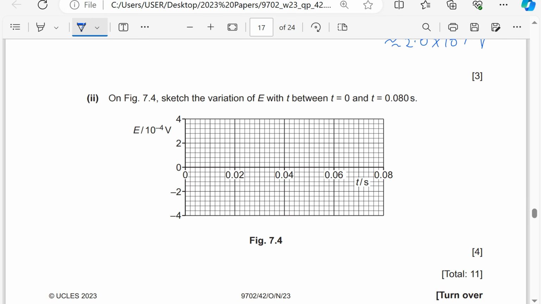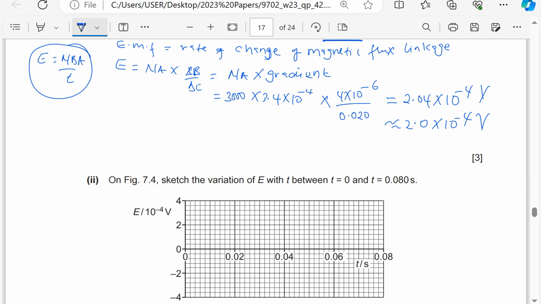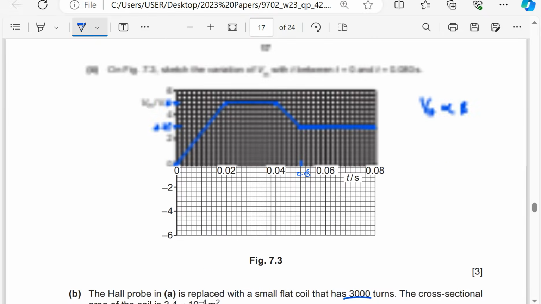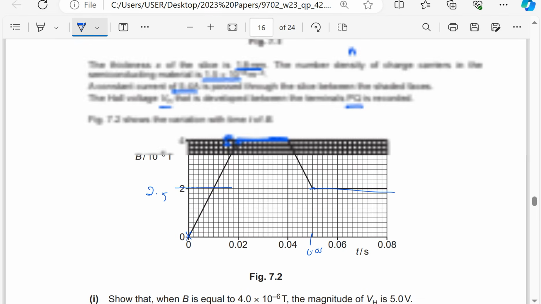Sketch the variation of E for the time between t equals 0 and t equals 0.08. So the maximum value of E, let's check the gradients.